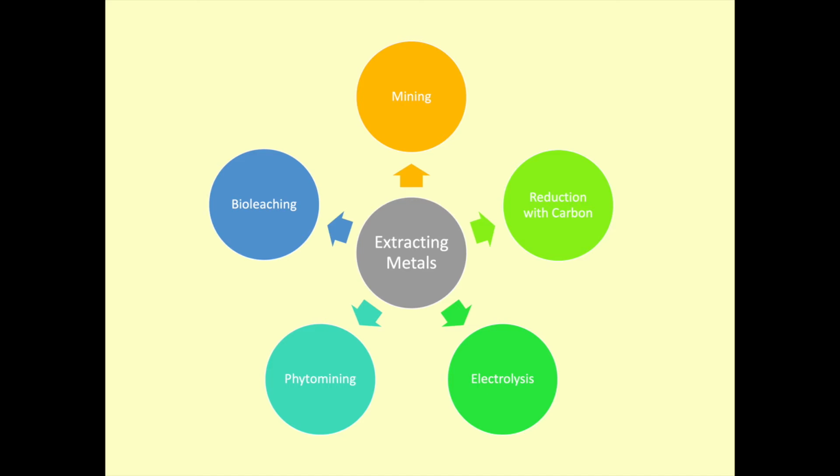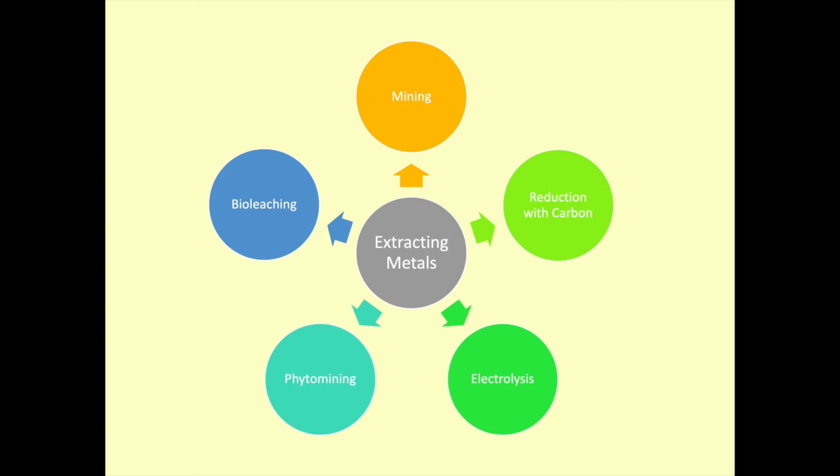So we've looked at mining, which is used to extract metals such as silver and gold and platinum, because they're very unreactive, so they tend to just exist by themselves and not in metal ores. We looked at using reduction with carbon for any metals that are less reactive than carbon. And then finally we looked at electrolysis for any metals that were more reactive than carbon.